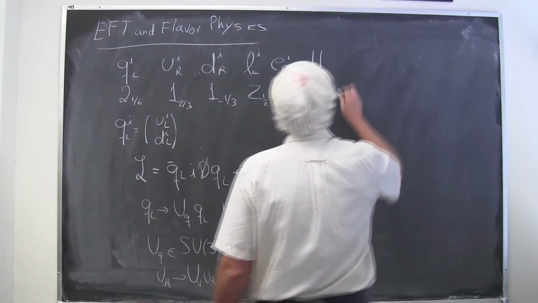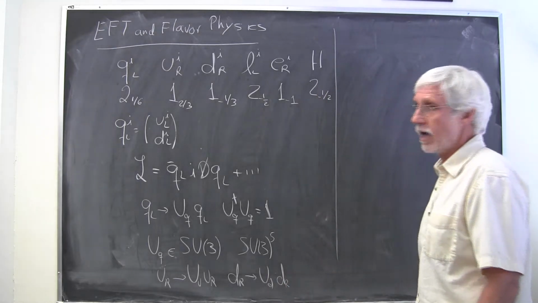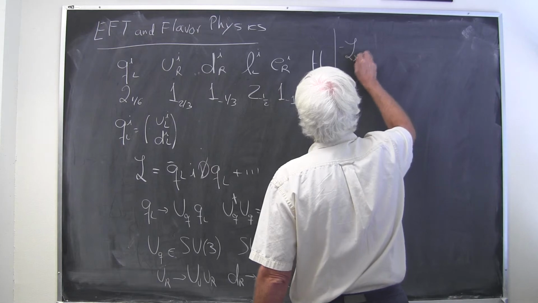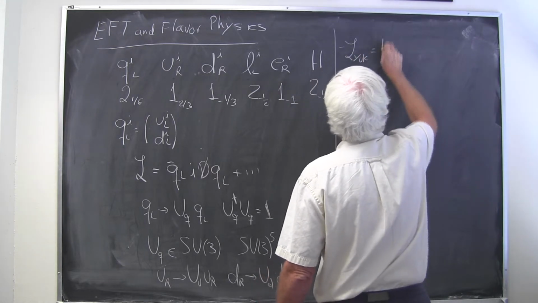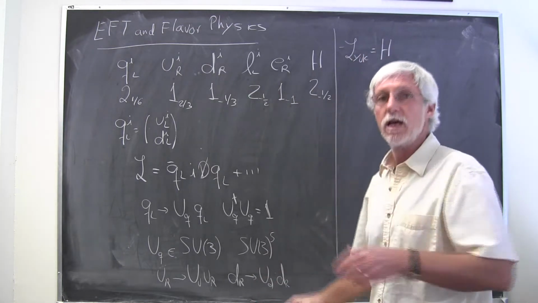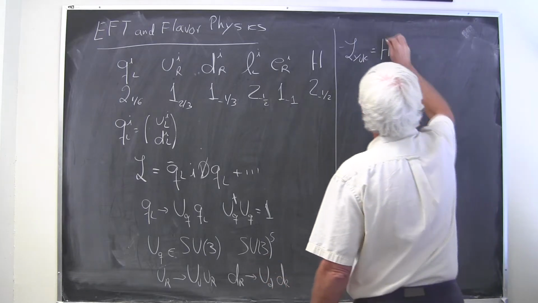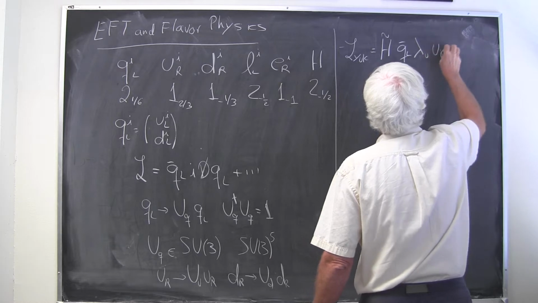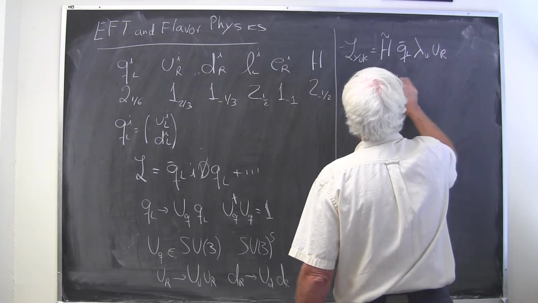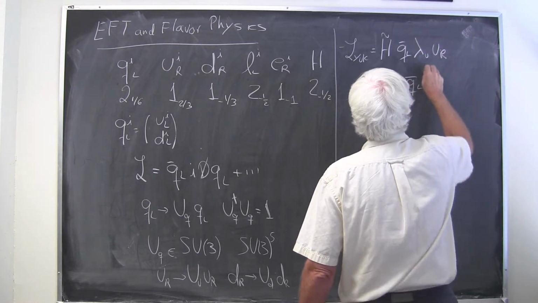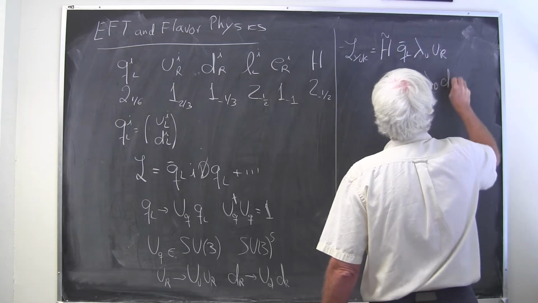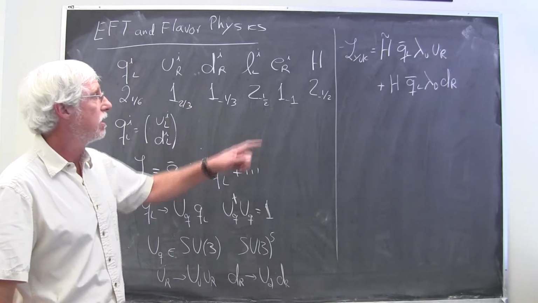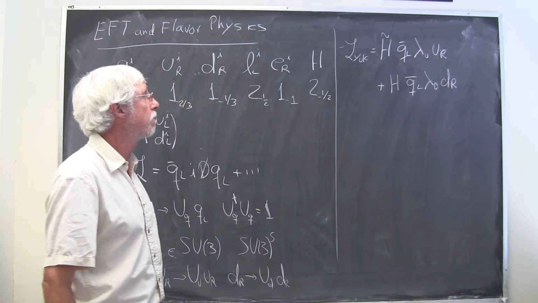Now, this is not really a symmetry of the Lagrangian, and there are terms in the Lagrangian that break the symmetry, most notably the Yukawa term. So I'm going to write down Yukawa terms for the quarks in a notation in which these numbers, lambda U and lambda D, are 3x3 matrices.